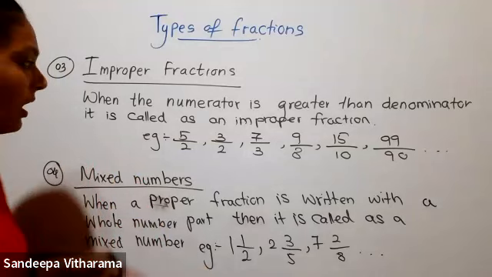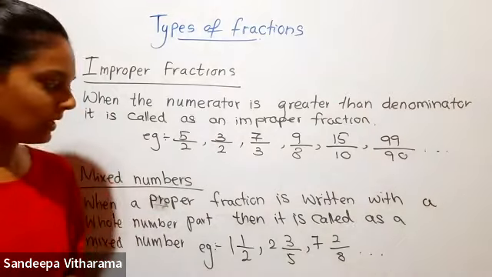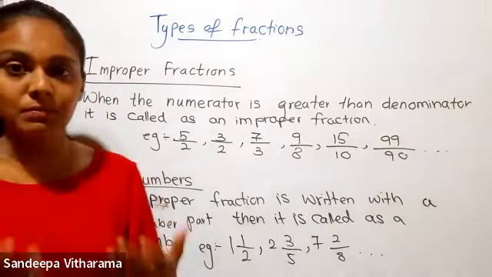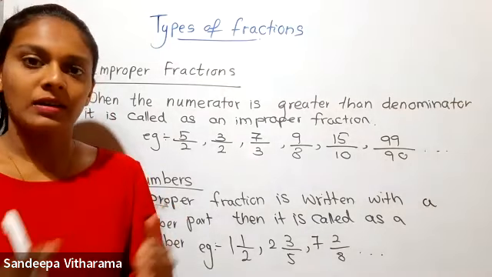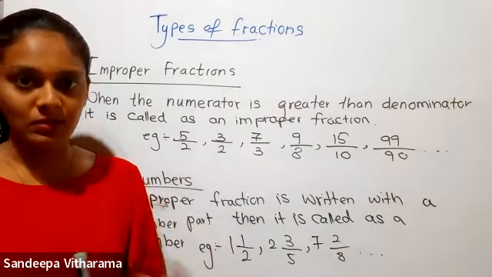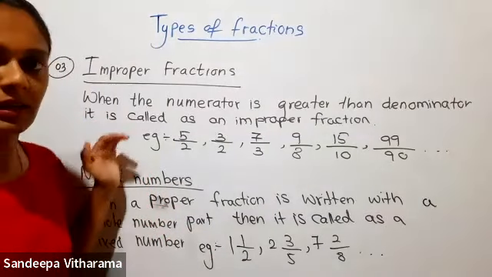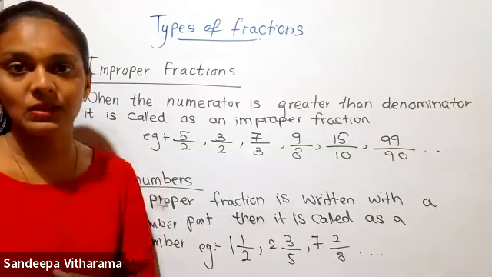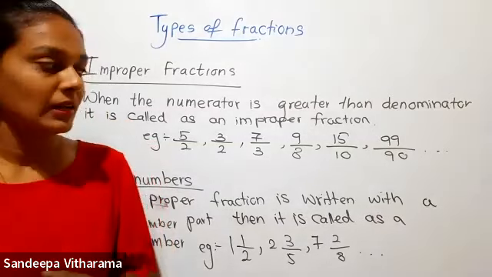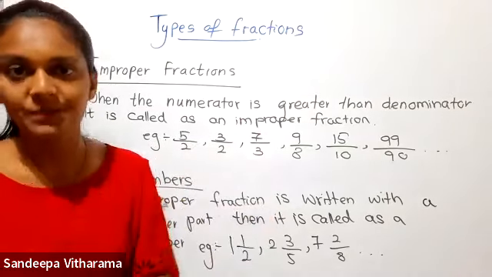Let's see how we do the conversions between these two. When we have a mixed number at the beginning of a question, first of all we should convert the mixed number into an improper fraction. Then when we obtain an improper fraction as an answer for a particular question, we have to convert the improper fraction into a mixed number.